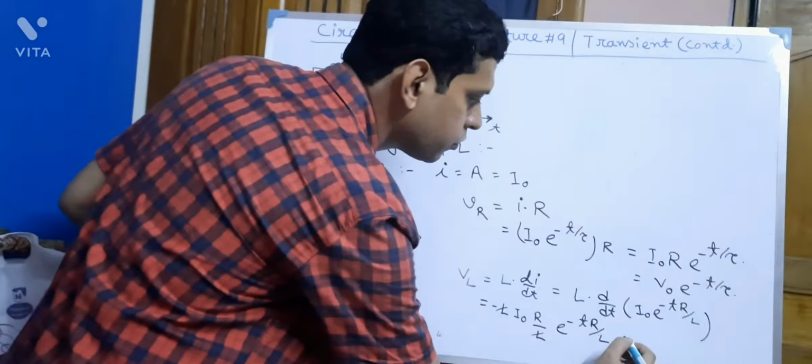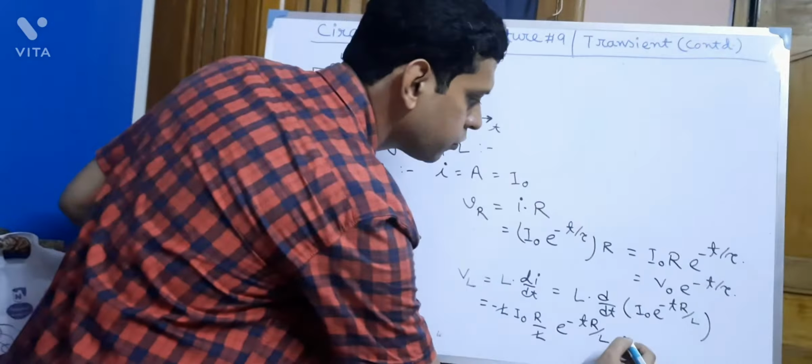So the governing equation will be this one. If we apply KVL across this loop, we will get VL plus VR equal to V. And we know that VL equal to L di dt and VR equal to R into I, and this is equal to V.